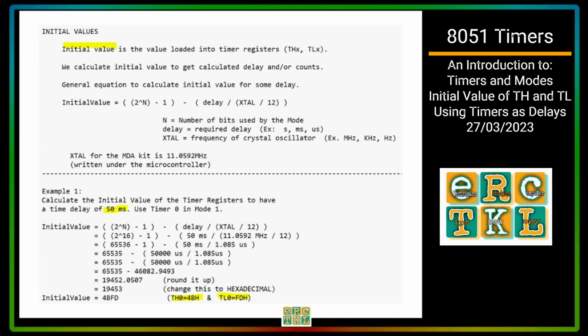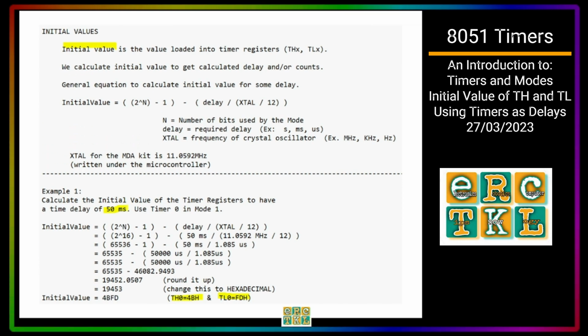If I ask you to use timer 0, it means you will have TL0 and TH0. You always think like that. For example, if the question says use timer 0, in your program you will have TL0 and TH0.